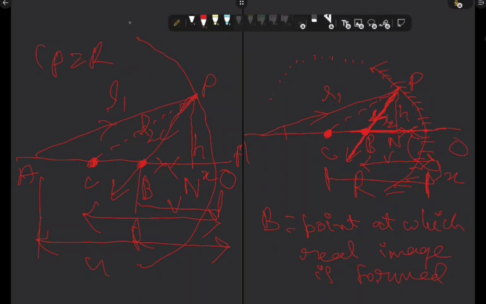Got it? Suppose I label this concave mirror as capital XY. These dashes on the back side of the mirror show that there is silver coating on that side.